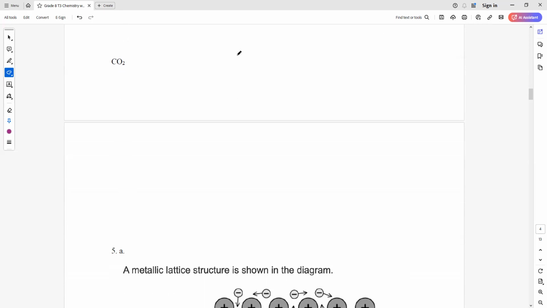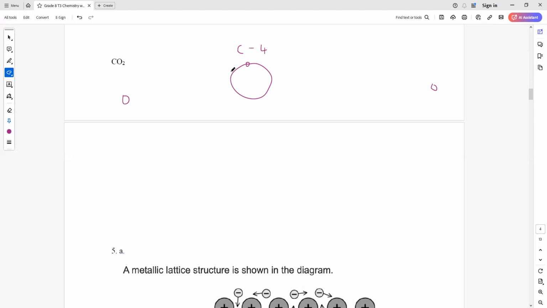Right. So CO2 means we have carbon, right? So we have one carbon and two oxygens. Now in the carbon, we have 4 electrons.